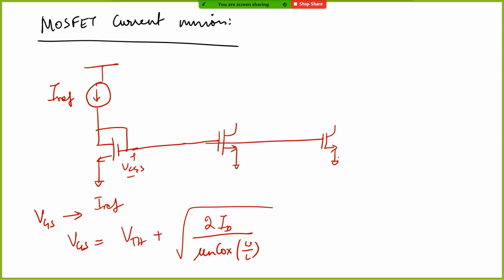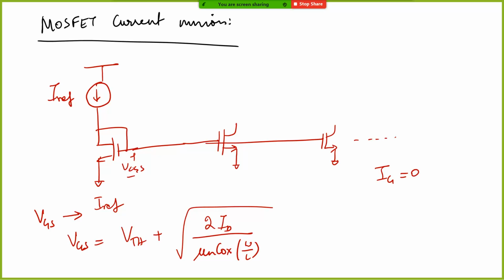And here IG is 0, and therefore the problem of some amount of current getting diverted from the actual reference does not exist. It's a very neat solution. IG is 0, and therefore you can just mirror it to any number of transistors that you want. There is no limit on it. And this is what is called a current mirror circuit using MOSFETs.